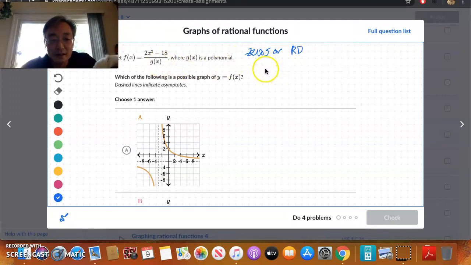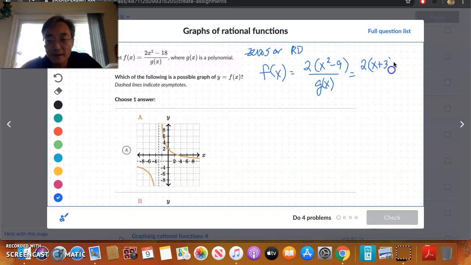So let's factor this. There's a greatest common factor of 2, which leaves us with x squared minus 9 over g of x, which factors into 2 times, and that's a difference of two squares, x plus 3, x minus 3, over g of x.